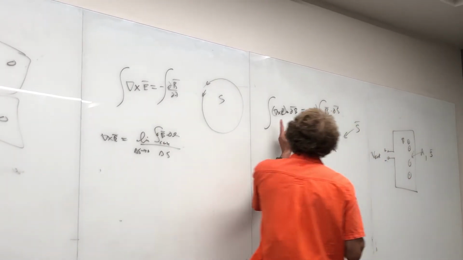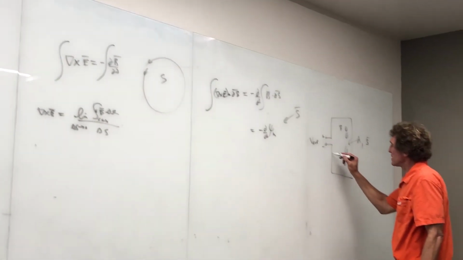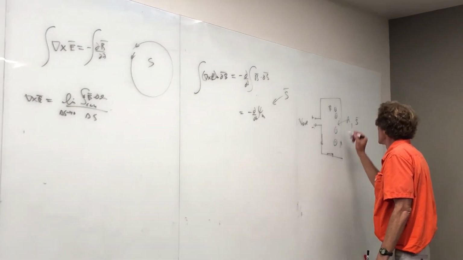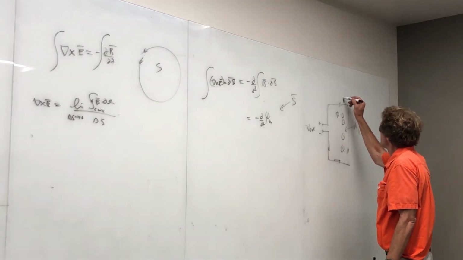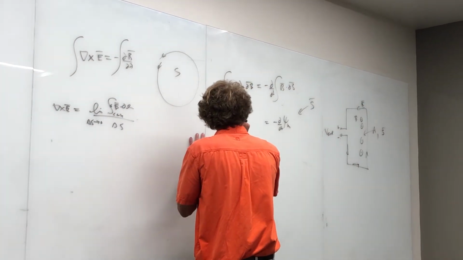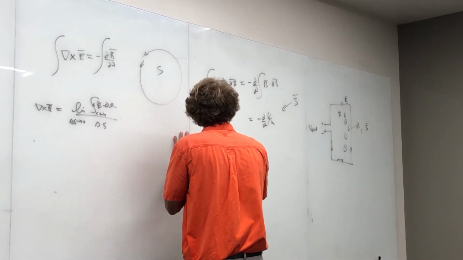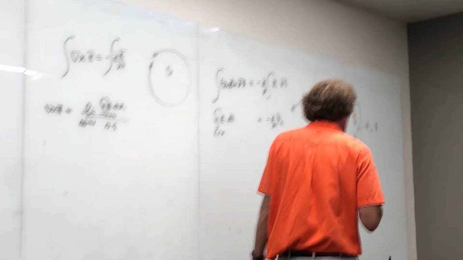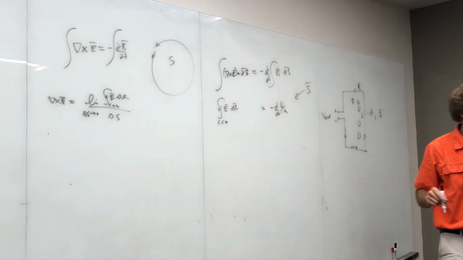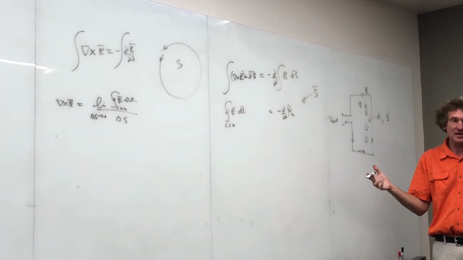Now, if you integrate E dot ds over that same surface, this is the E on the perimeter, identical to saying it's the integral of E dot dl around in a counterclockwise direction. This is why I'm trying to bring out the curl into the open arena so you can understand a little better.